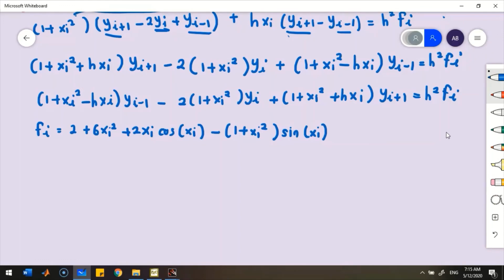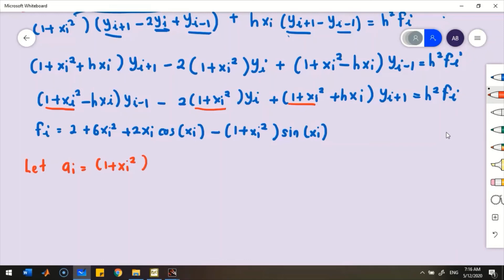If you recall properly here, let ai equal 1 plus xi squared. So I have 1 plus xi squared here, the common term. That's my ai.